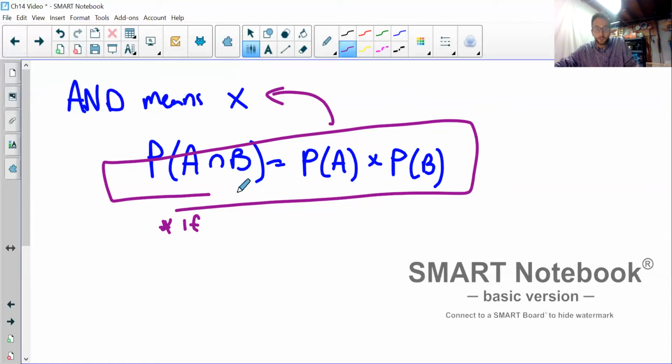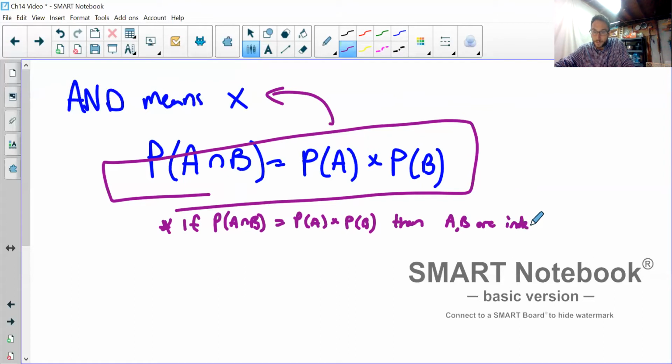Another way to approach independence is if the probability of A and B can actually be calculated by doing probability of A times the probability of B, then that tells us events A and B are independent. We're not going to get too deep into that right now. When we get into the independence formula and deciding if two variables are related, we'll look at how we can use this approach. But that's important for moving forward. Keep that in mind.